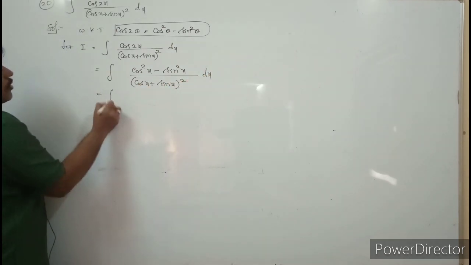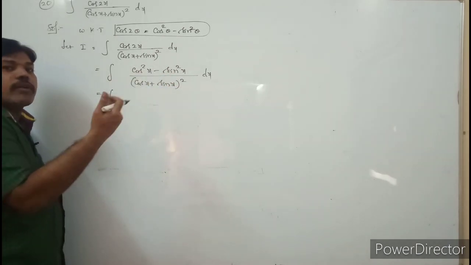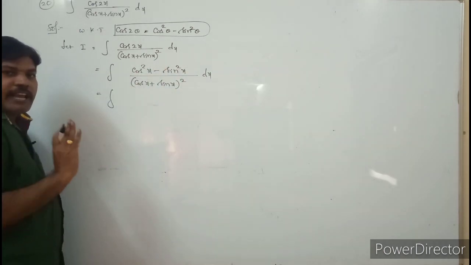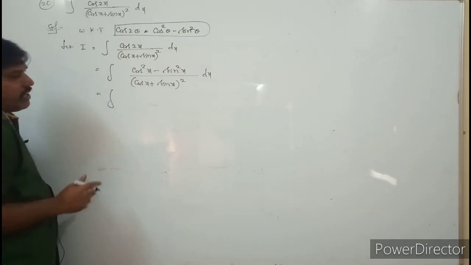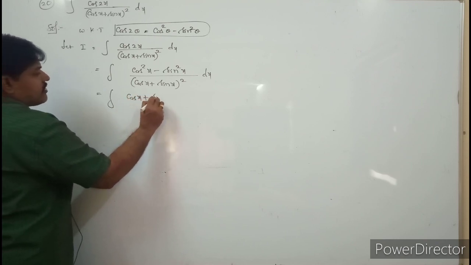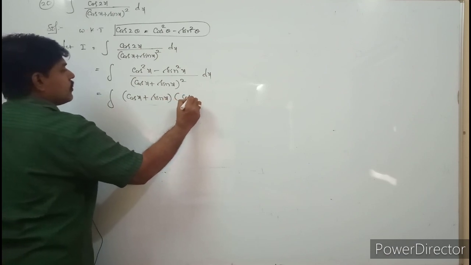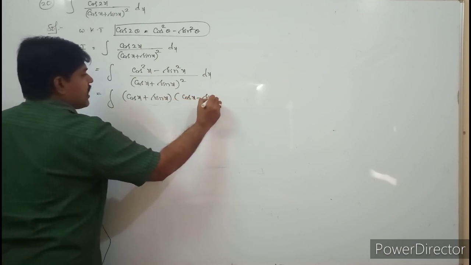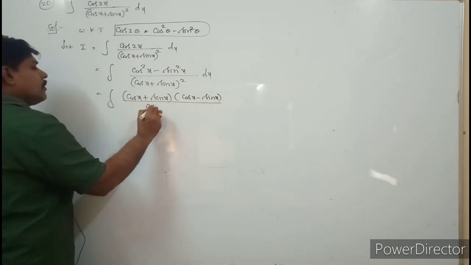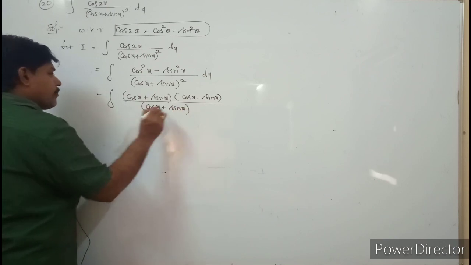In the numerator, cos square x minus sin square x is in the form of a square minus b square. A square minus b square you can write as a plus b into a minus b. So you can take this value as cos x plus sin x into cos x minus sin x, by cos x plus sin x whole square.